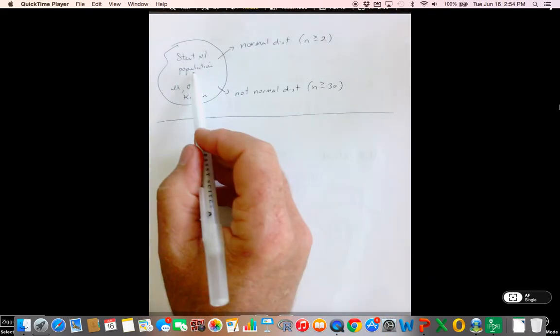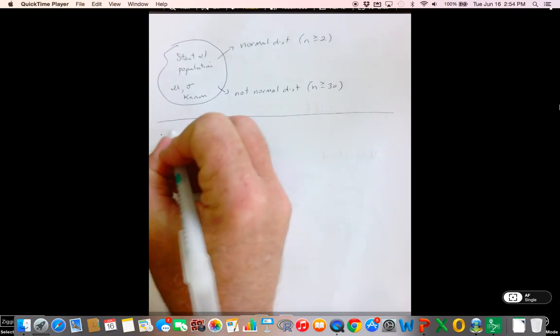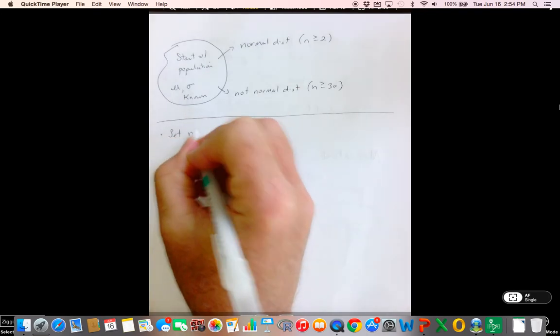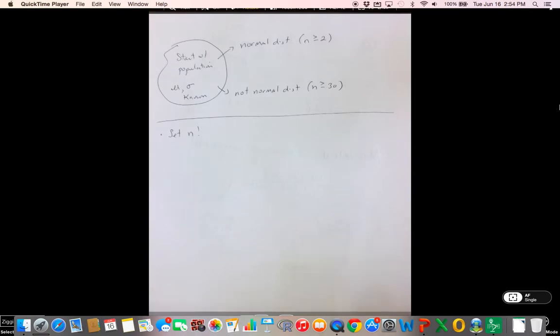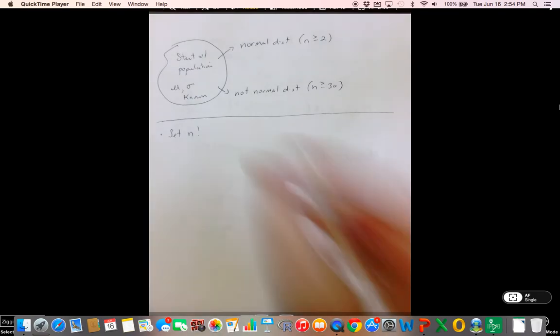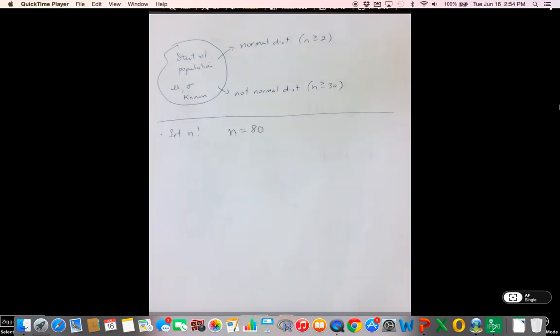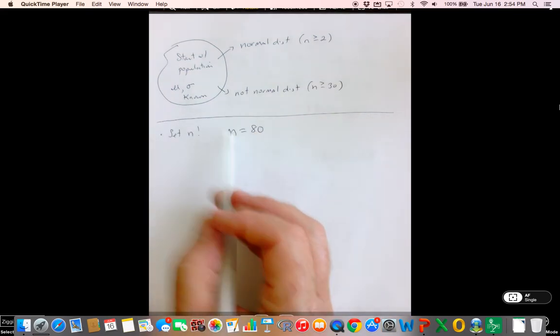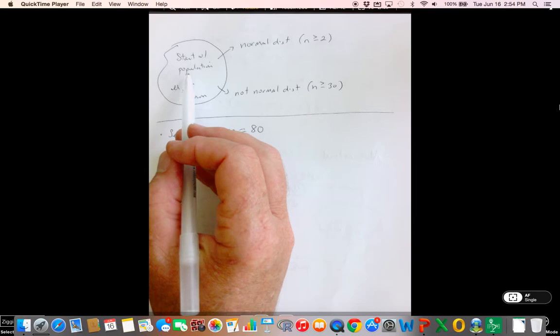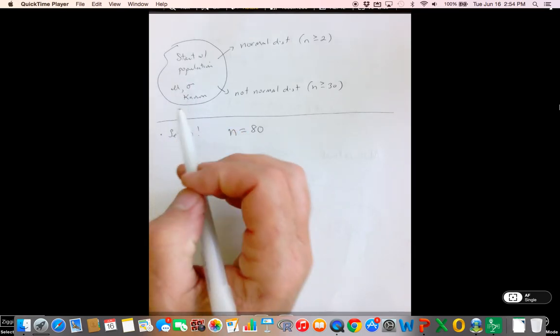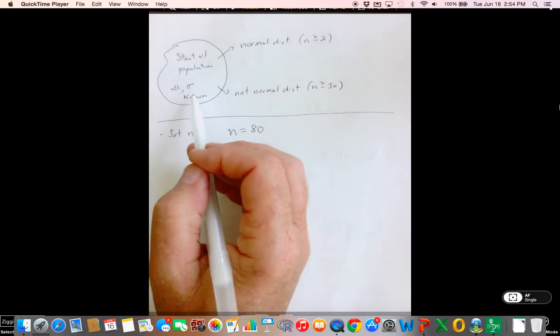So we go into this population, and the very first thing that we do is we set n. And just for me speaking this through, let's say that n is equal to 80. So I'm going to go into my population and pull out 80 numbers, 80 measurements, 80 subjects from the population.